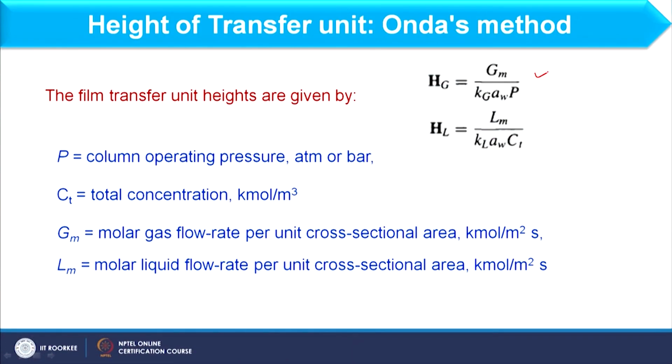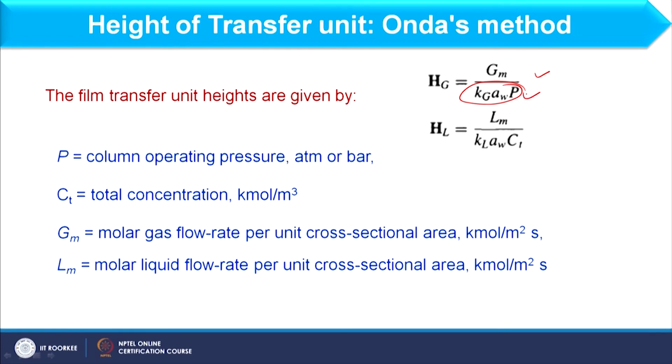So, once you have the value of mass transfer coefficient in gas and liquid phase, Onda's method relates it with the Hg and HL value, as Hg is basically Gm by Kg Aw P. This is the previous expression when we have considered the Z expression.